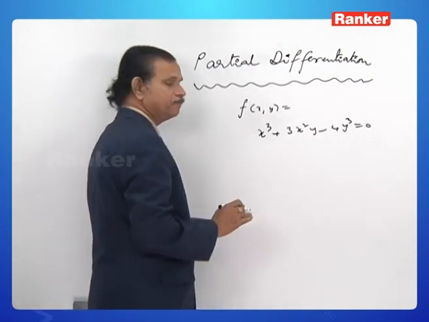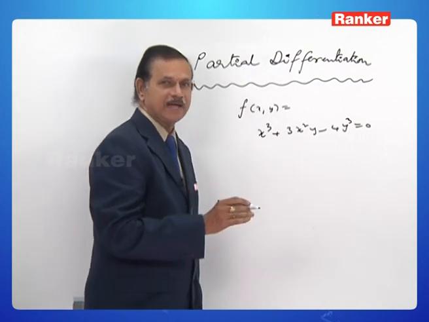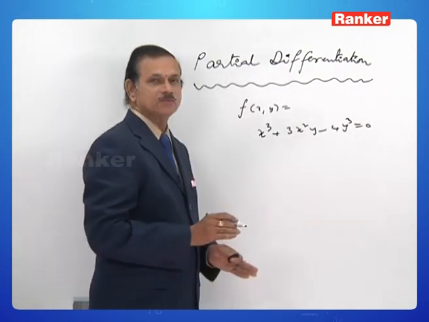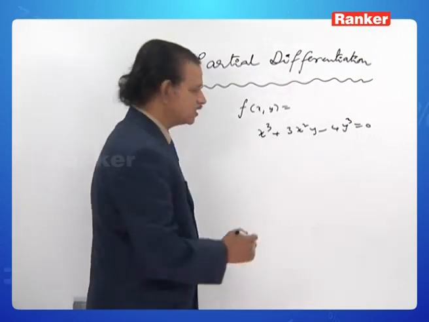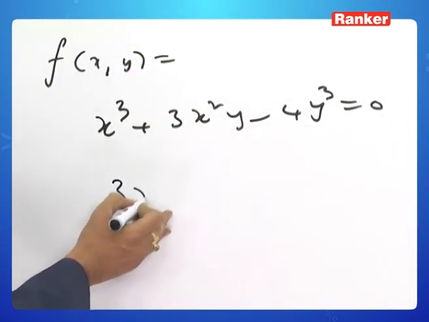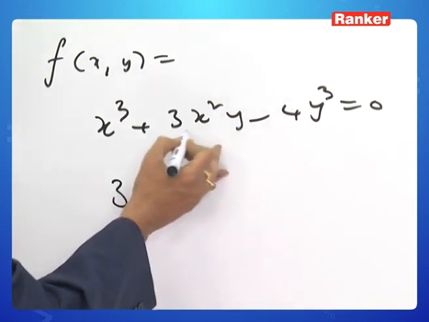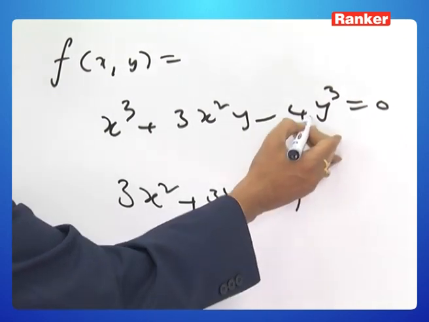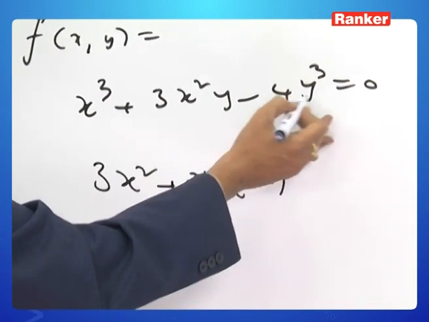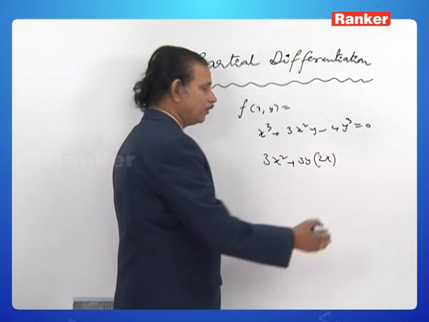See, but let me first of all find the derivative of this with respect to x only, keeping all the other things constants. x cube, 3x square y, 3y is a constant. For x square it is 2x, 4 is a constant, y cube is a constant, 4y cube is a constant, altogether it is 0.